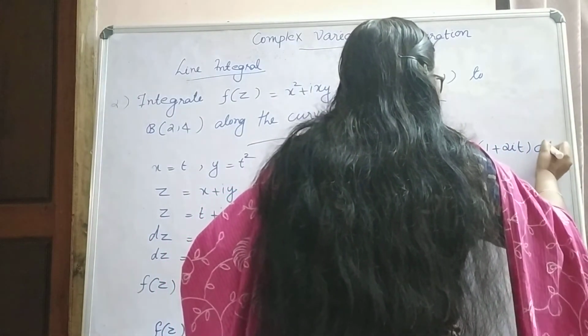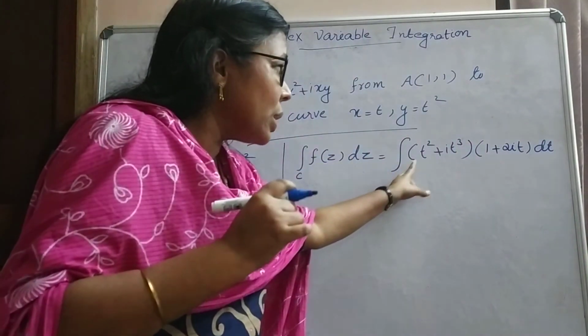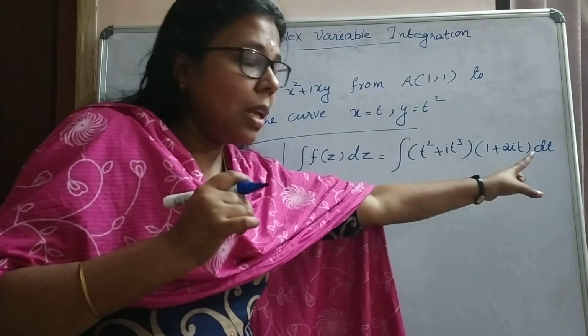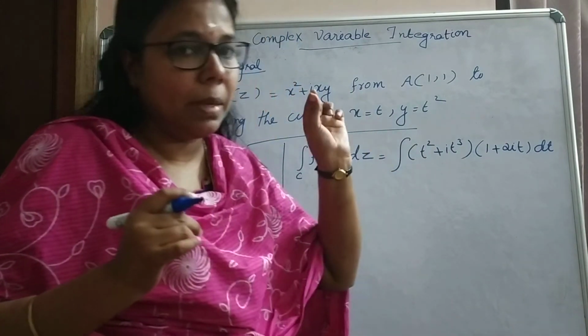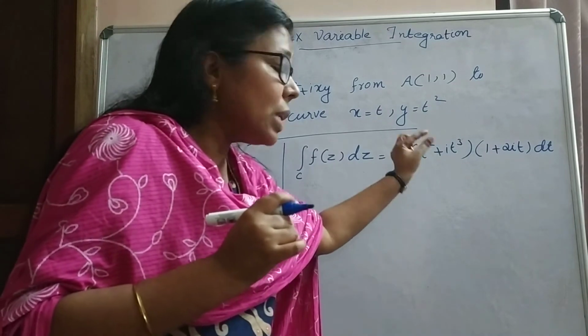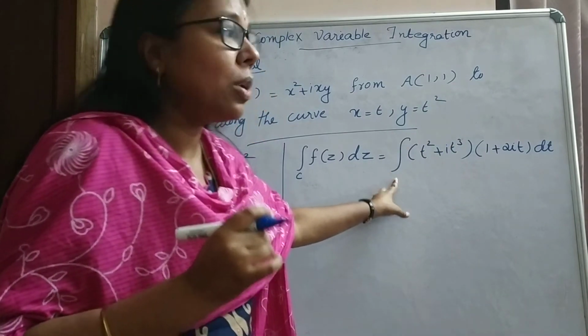Here the integration contains only t and dt. Therefore, we need the limit for t only.